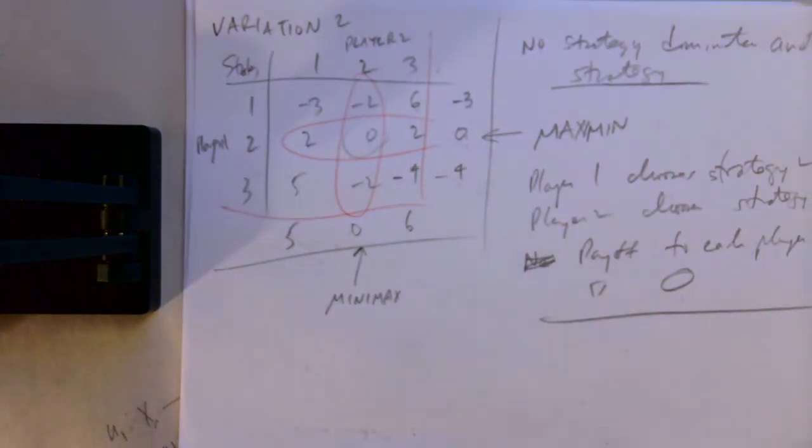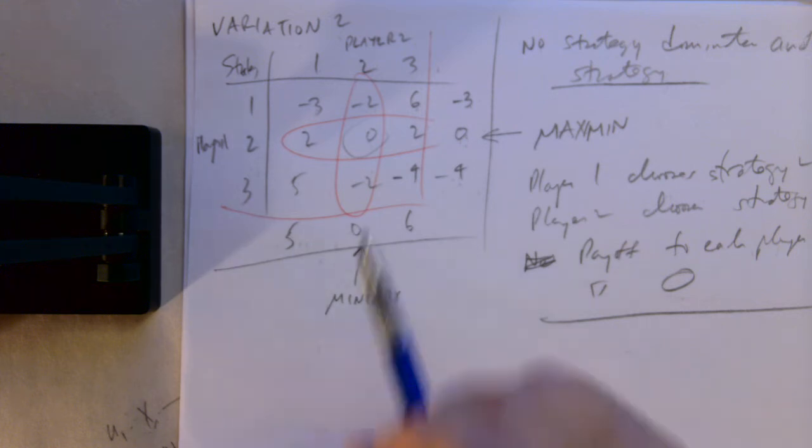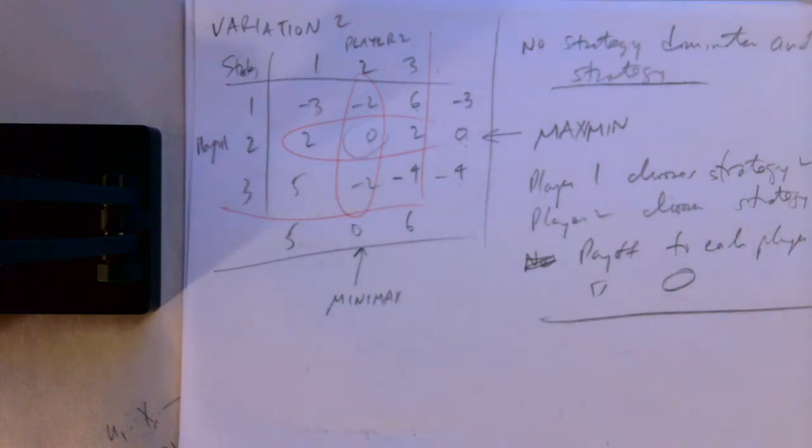So the goal for each player is to pick a strategy where you minimize your risk. And it turns out they both choose strategy 2, and they both break even.